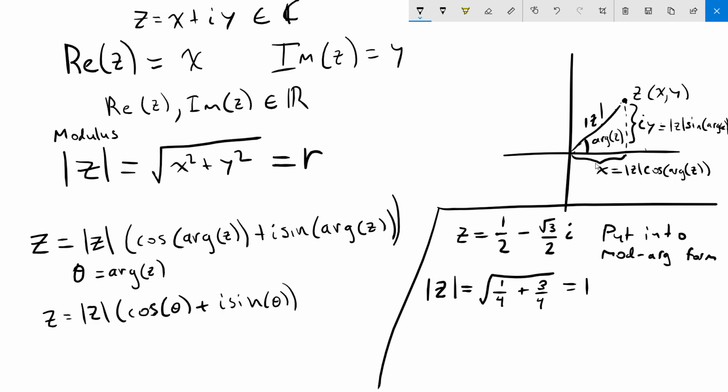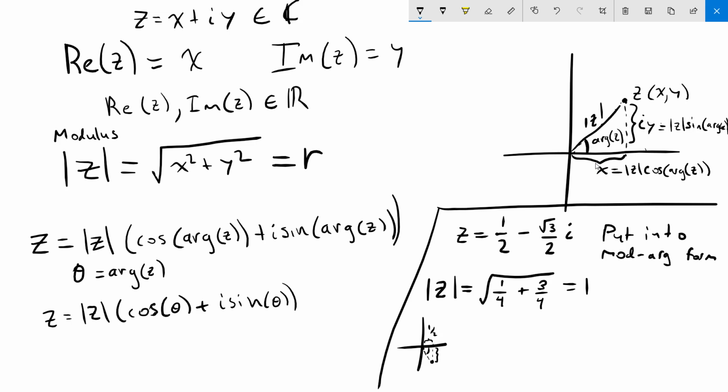What about our argument? Well, here it's going to be useful to make a plot. In the complex plane, the number 1/2 minus root 3 over 2 i looks like this. So we go over 1/2 and down root 3 over 2. So we're in this quadrant down here. How can we find this angle here? Well, this length here is 1/2.